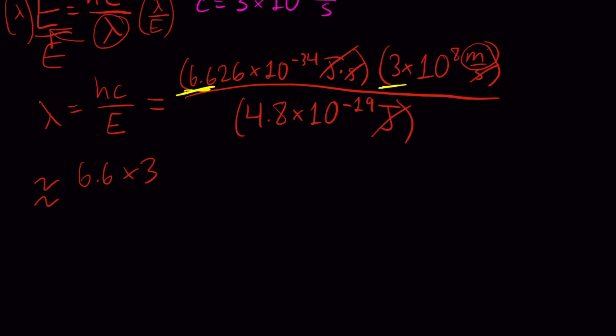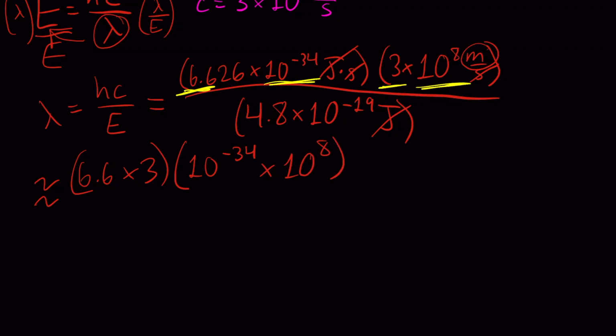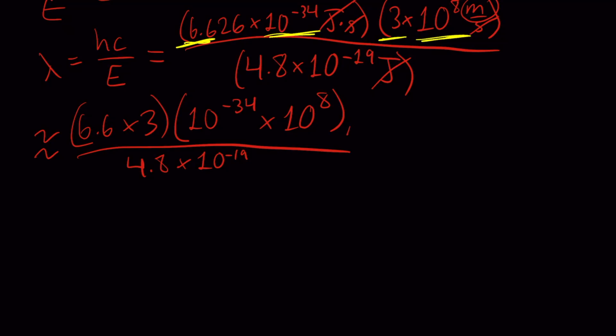And now we're going to get 10 to the negative 34 times 10 to the 8th. We're separating it to make this a little easier, and then you see why, right? This will be all over 4.8 times 10 to the negative 19. And we still have meters in the top.